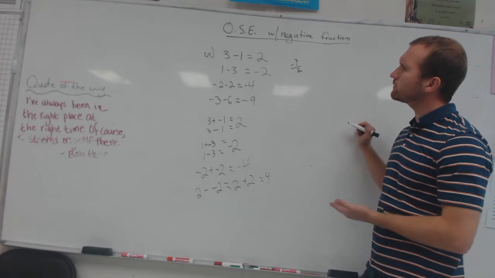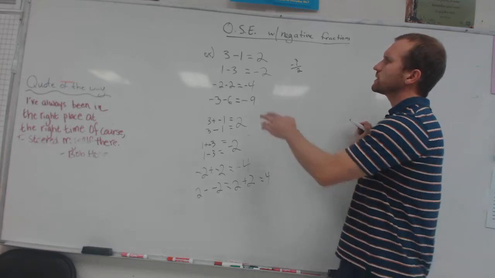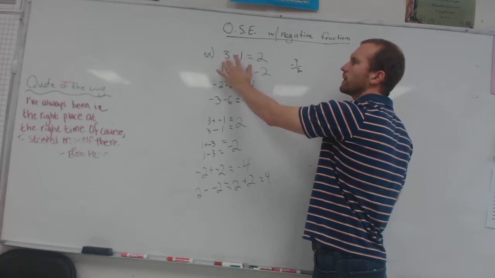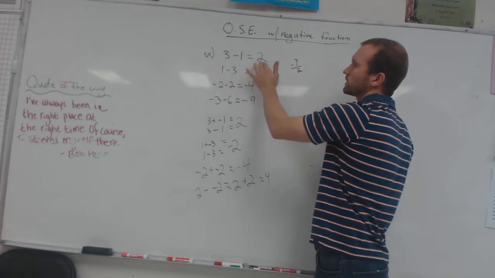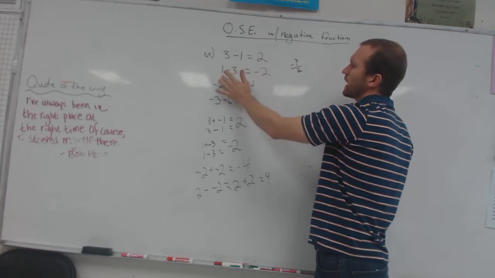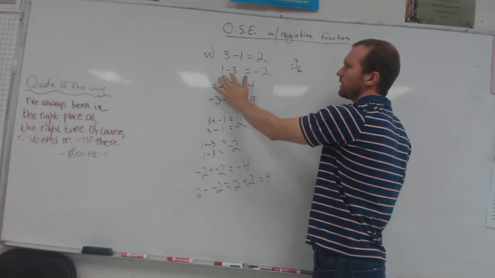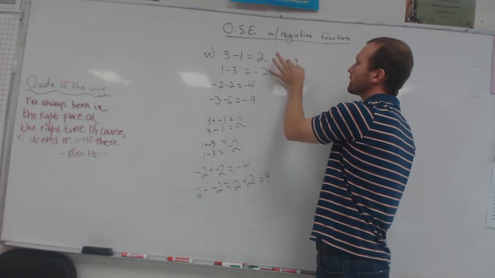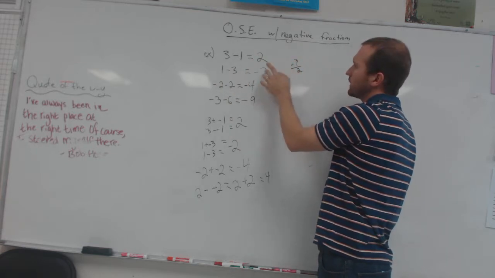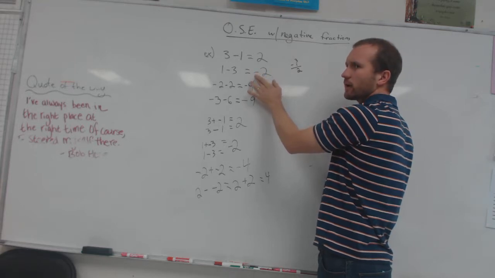So we have some rules to this, right? If we're subtracting a lower number from a bigger number, we just do the subtract. If we're subtracting a bigger number from a smaller number, we flip it around and subtract it, and then just flip the sign of our answer.